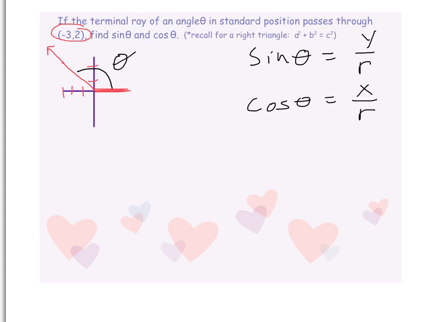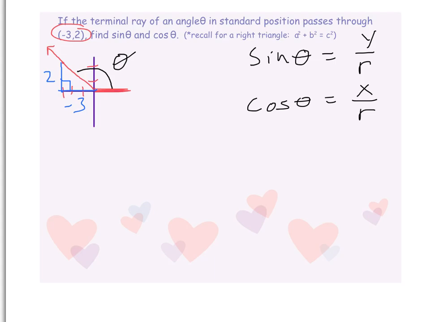Now over here, I can get kind of fancy and draw in a right triangle. Due to the coordinate points, I know that side of the triangle is 2. And this side is really 3, but I'm going to call it -3 because it was 3 units to the left. That's actually significant. I need to factor in that -3.